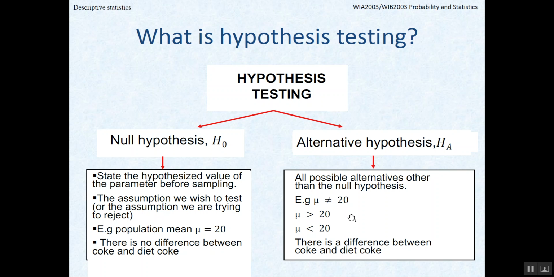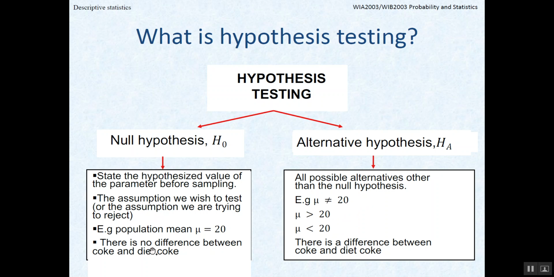Please explore more. As I explained here, you can go and try out and look at what is a one tail test and a two tail test. So you can write it this way, mu equals 20, or you can say there is no difference between Coke and Diet Coke. The alternative will be mu not equal to 20, or mu bigger than 20, or mu lesser than 20.